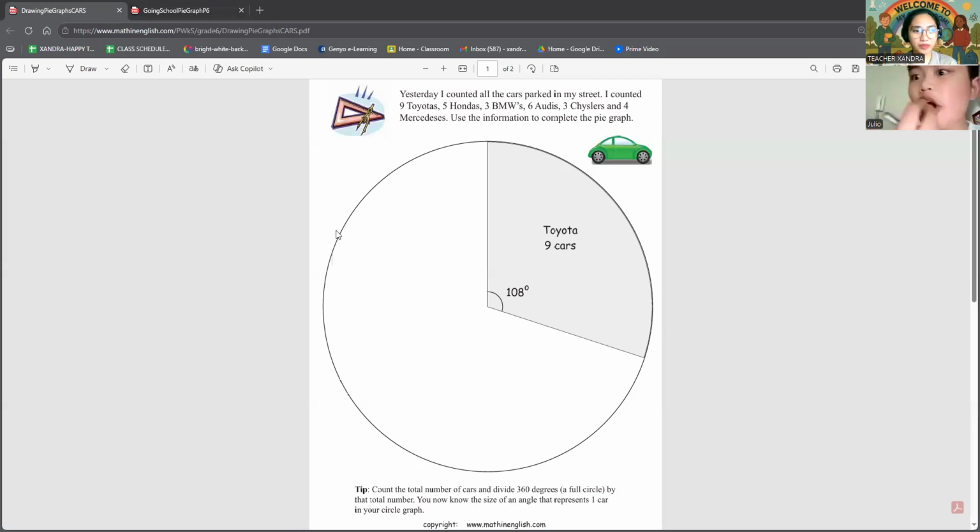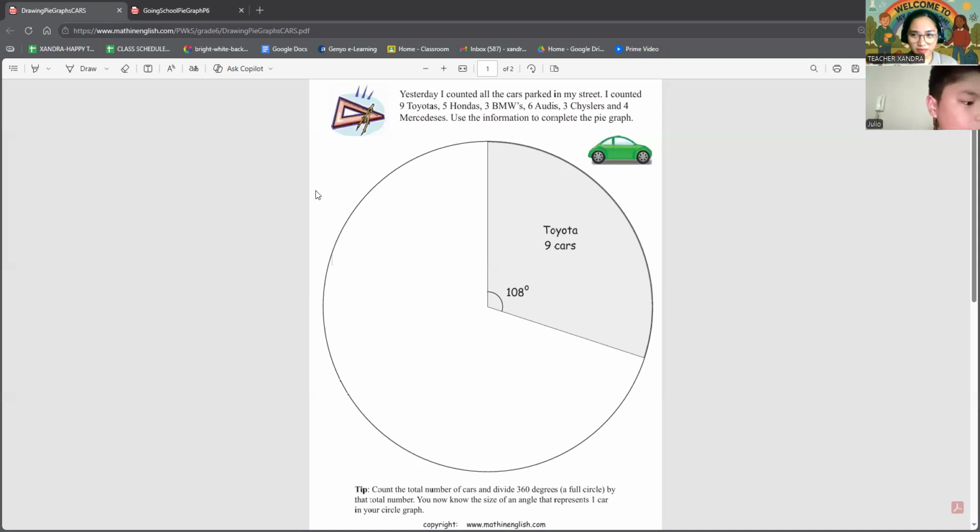Okay, so that's 9 Toyotas, 5 Hondas, 3 BMWs, 6 Audis, 3 Chryslers, and 4 Mercedes. No, it's not 27. What? 9 plus 5 makes 14. 14 plus 3 equals 17.